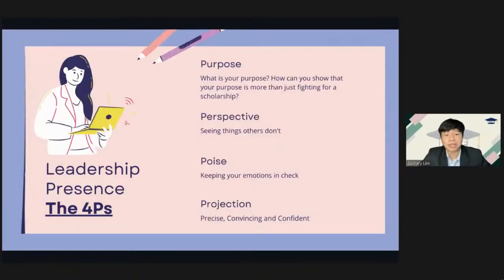So yeah, this is the first thing that you really need to remember in your group interviews. Remember just now how I said your interviews are actually probably a mirrored version of your job interviews in the future.